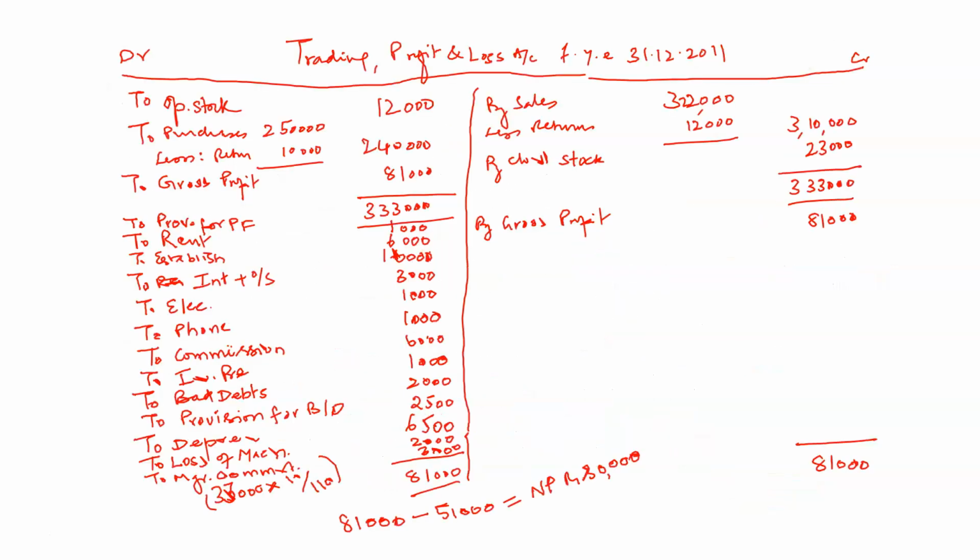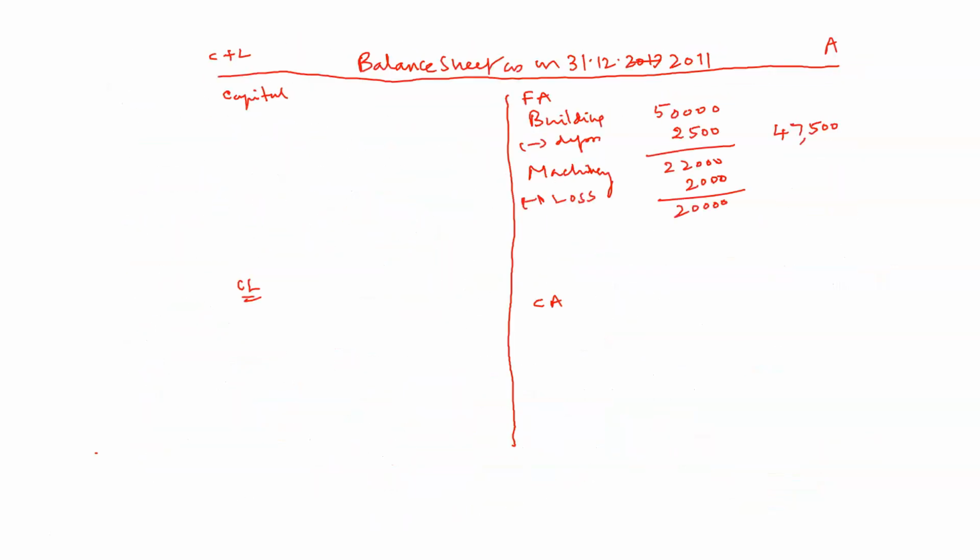So 3,000. So balance 17,000 is the value of machinery at the end of the year. Furniture 10,000 less depreciation 1,000. So balance 9,000.